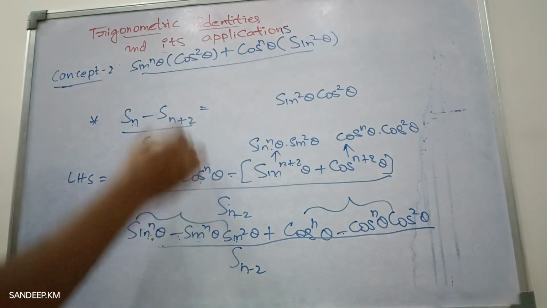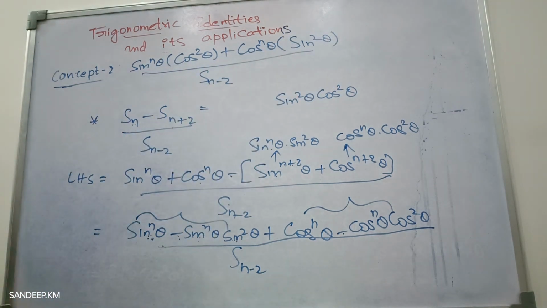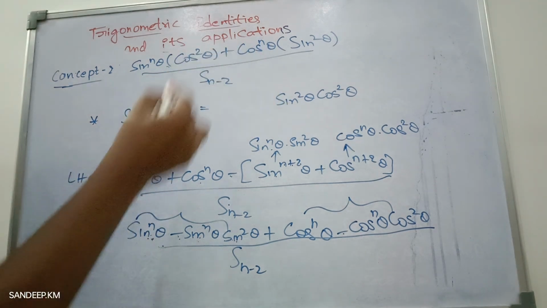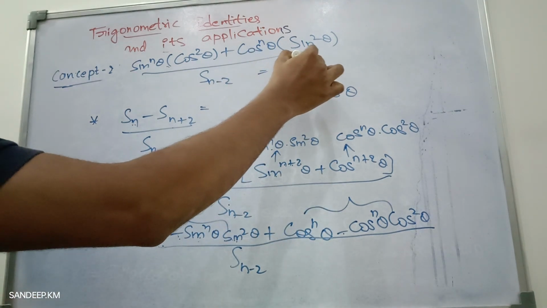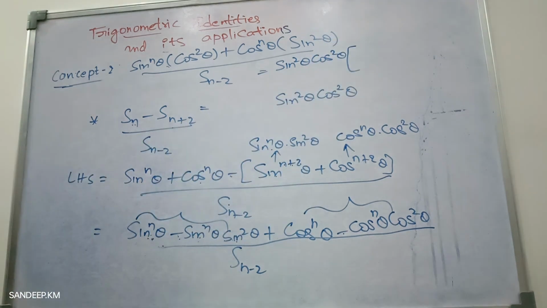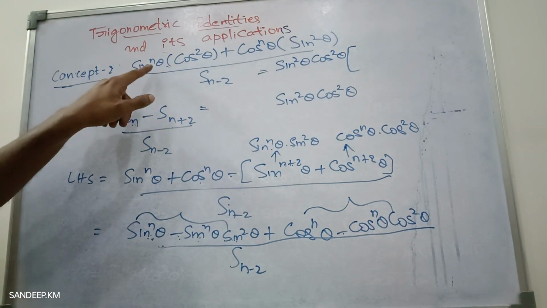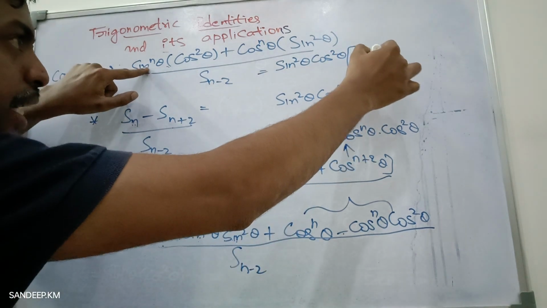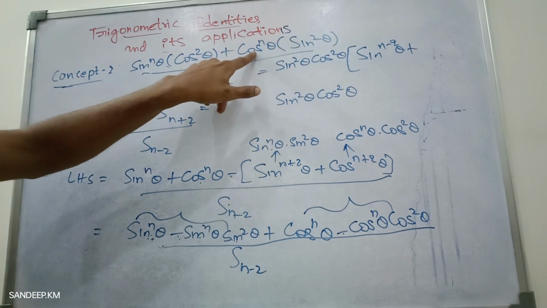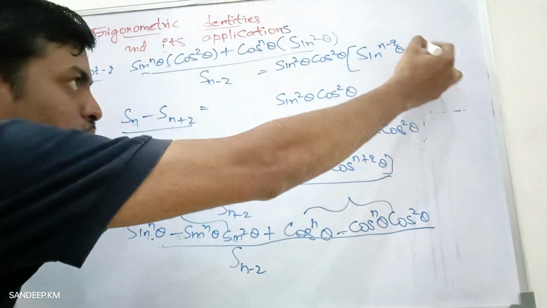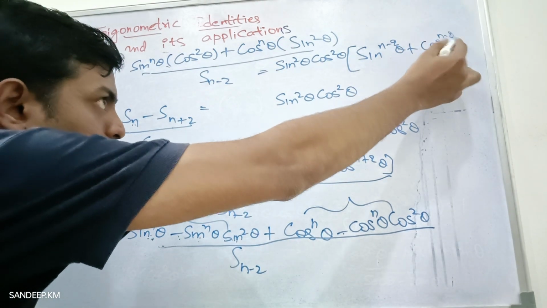The denominator is Sn minus 2. Now in the first term and the second term I can take sine square theta cos square theta common. If I take sine square theta cos square theta common, cos square theta went outside and sine square theta went outside, and this becomes sine power n minus 2 theta plus cos power n minus 2 theta.